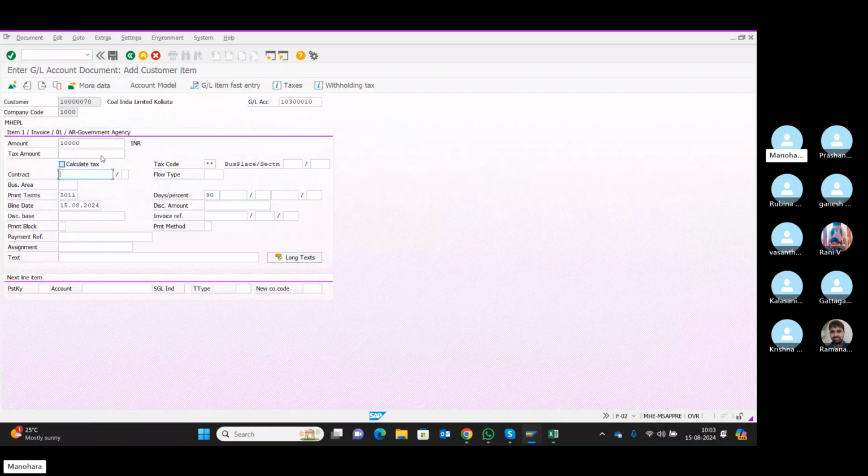So this is a header level, right? How do you know it is the header level? Because here you are giving the customer. See, this is your customer you have given, your customer number came here. Customer came here means this is a header level. At header level, is there any profit center? Can anybody find a profit center here? No.